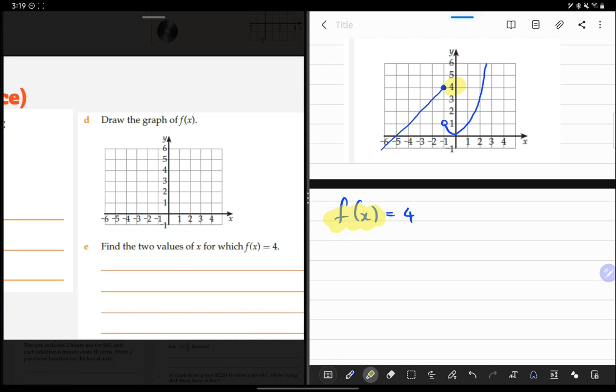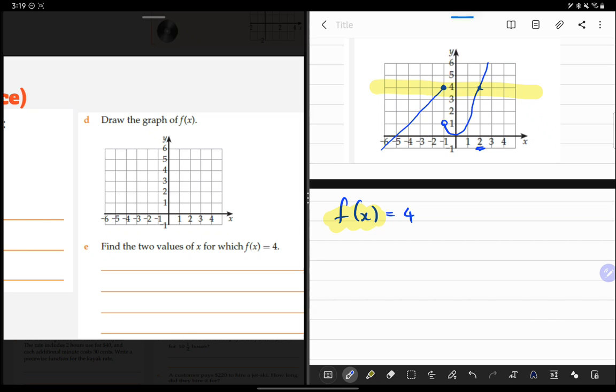Remember, f of x is the same as y in our graph, so it's the result we get when we put the number into our x. So if we look at this line here, yep, there are 2 times when y is 4. Now I've drawn this wrong actually. This one actually passes right there. So it should go that way because 2 squared should be 4.